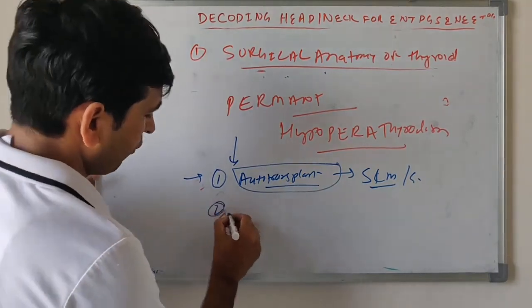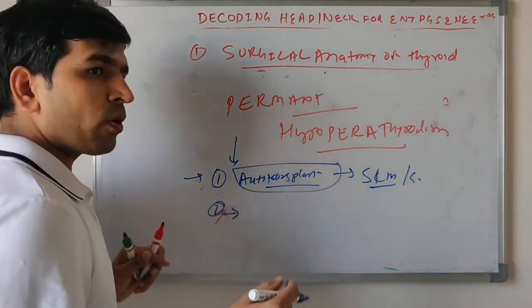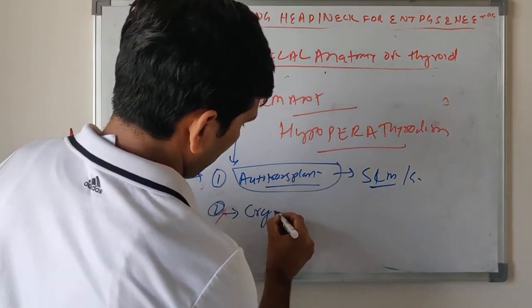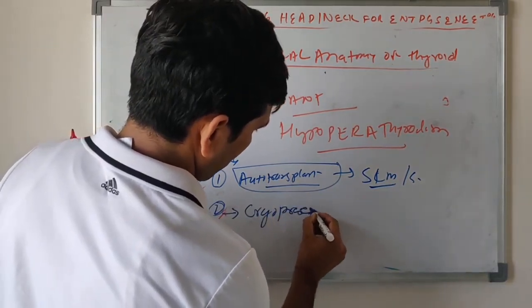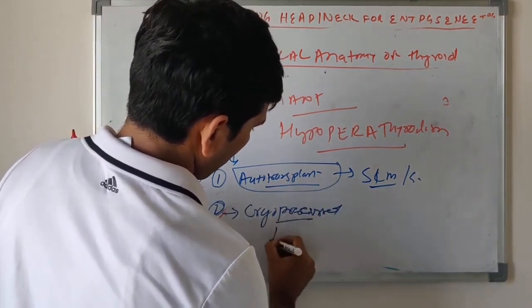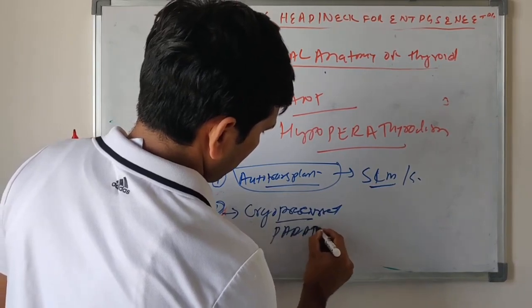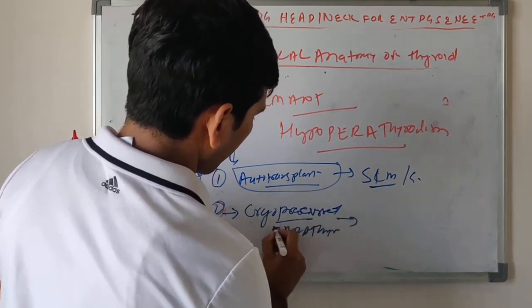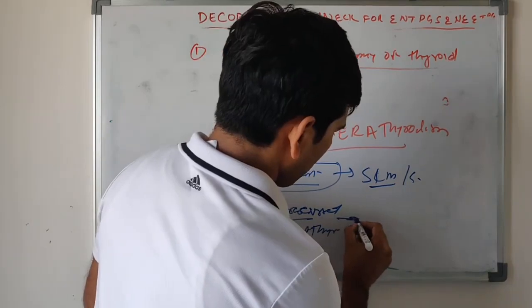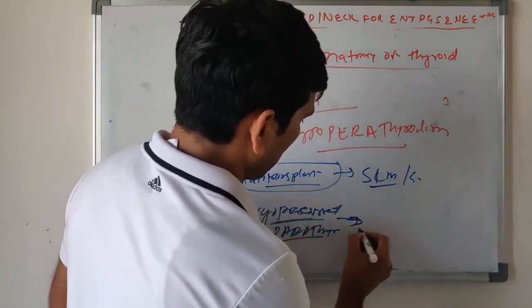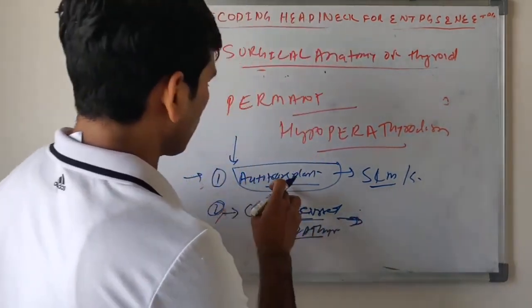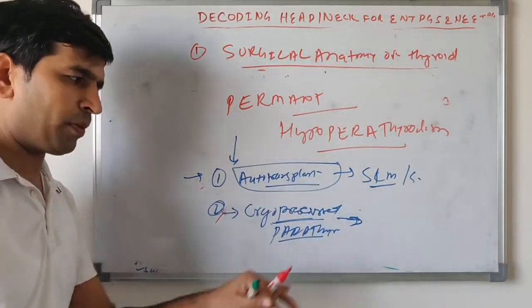Second, if you have any cryopreserved parathyroid, you may transplant it. That is also called auto transplant, initially taken from the same patient.